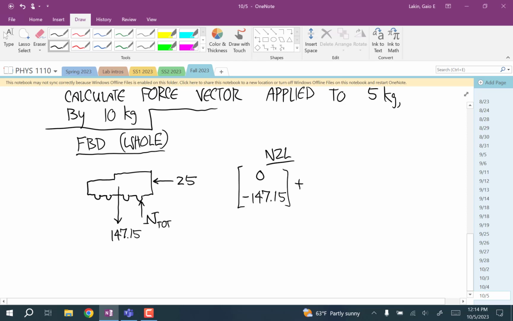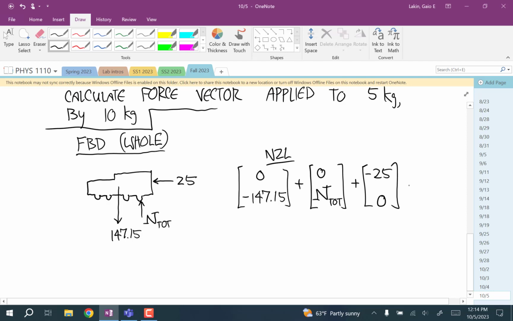We have the pushing force from the ground that's in the positive y direction. So this is 0, N total. The 25 Newton force is in the negative x direction, so this is plus negative 25, 0.